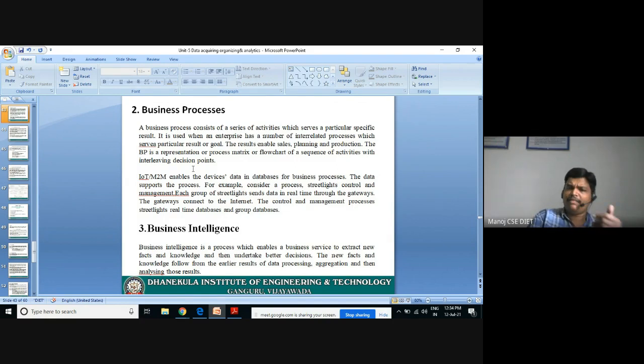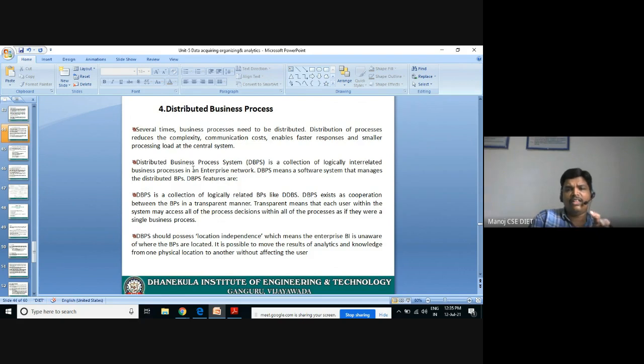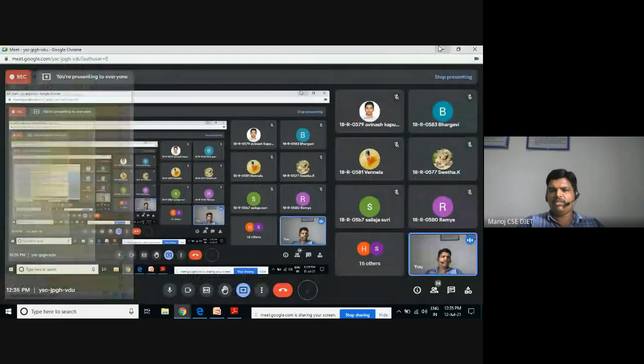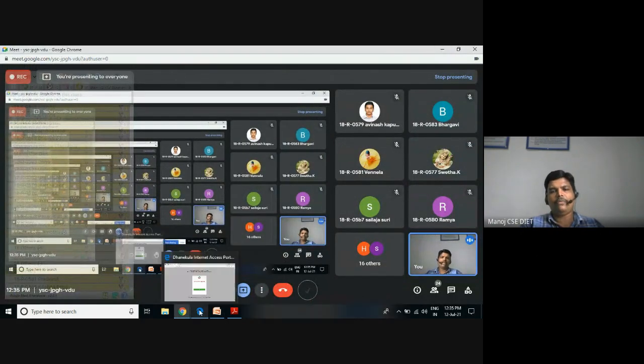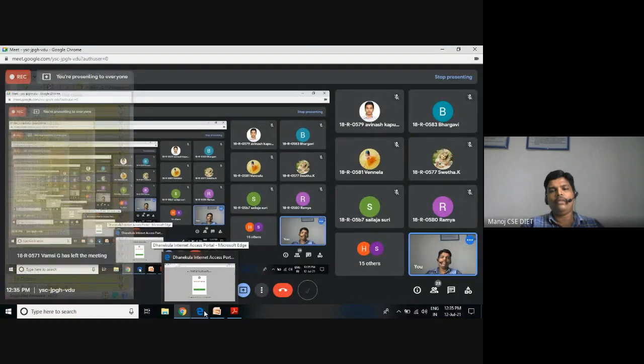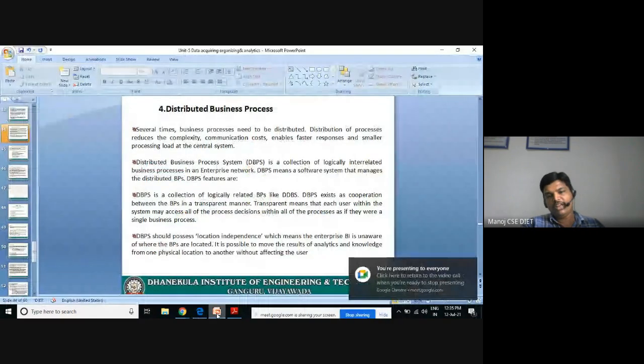It is also like our business process, but the difference here is that you can extract the new facts and you can extract the knowledge with the help of this business intelligence. So business process and business intelligence are always interrelated, and work mutually, with such a coordination. Am I right? With the help of this BI and this business process, one can improve their business. One can get the support with IoT.